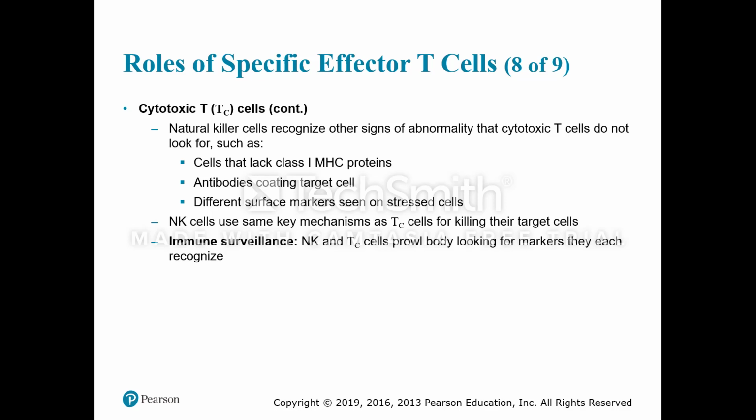Natural killer cells use the same mechanisms as cytotoxic T cells for killing other targets, also using perforins and granzymes, but they are the ones doing immune surveillance of self cells that have gone bad. They look for markers they can recognize in self cells. In cancer cells and tumor cells, it is the natural killer cells that kill them.